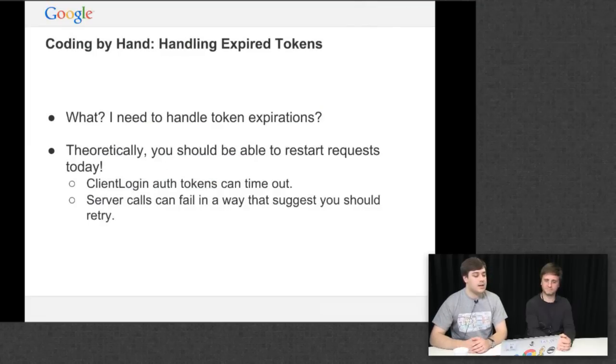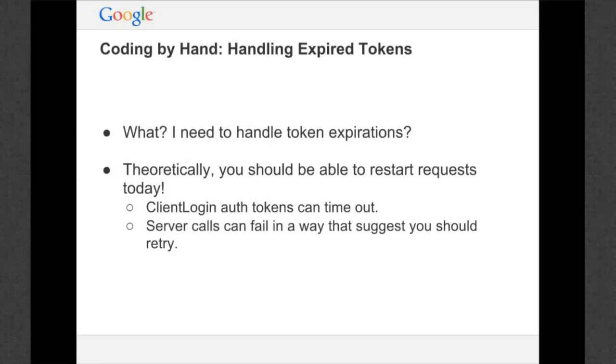So, how to handle expired tokens? What do I need to handle expired tokens? Basically, your application. Your application today, when you're using client login, has to already have logic to handle timeouts. You need to be able to handle the case where Google's servers come back and say your client auth token has already expired.